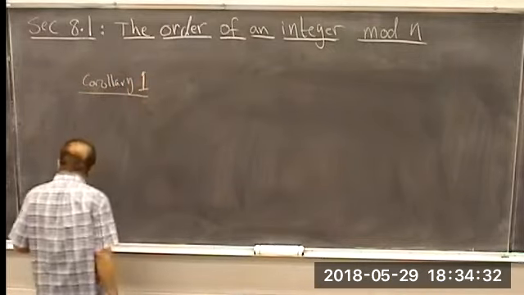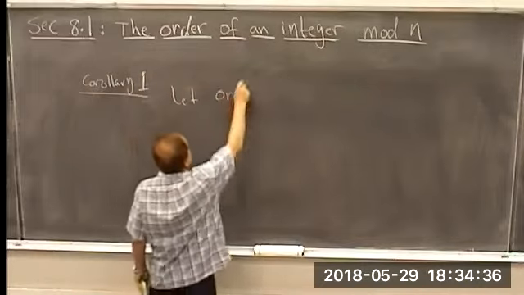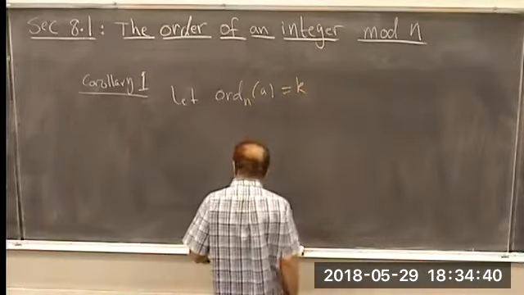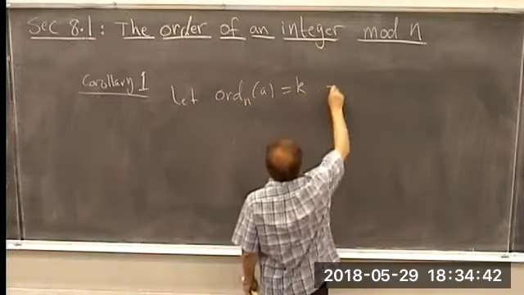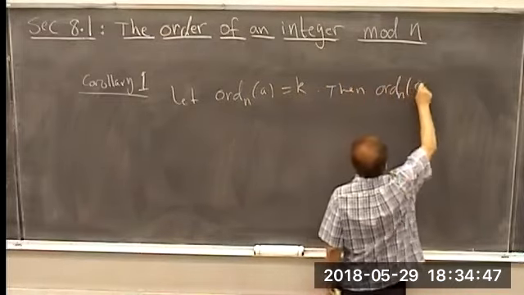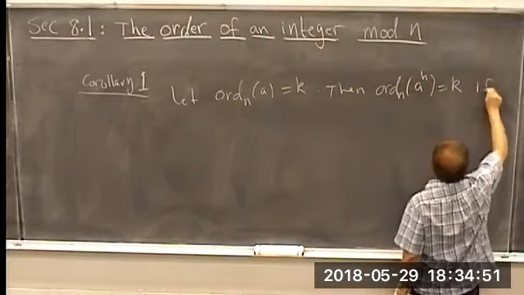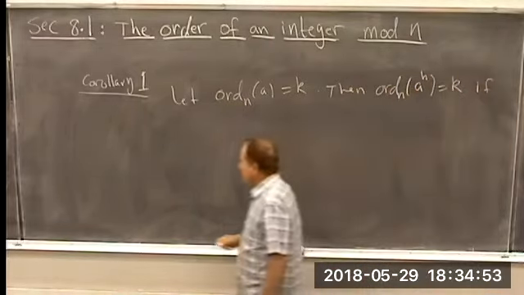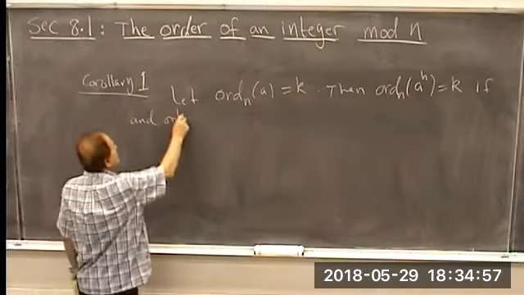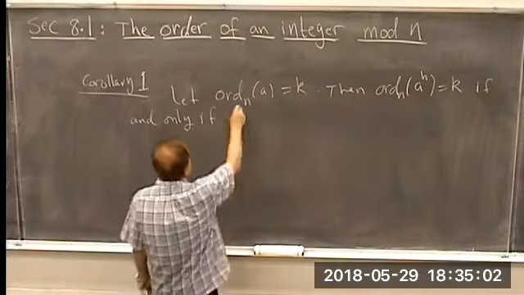Again, let's assume that the order of A is equal to K. Then the order of powers of A is equal to K if and only if H and K are relatively prime.